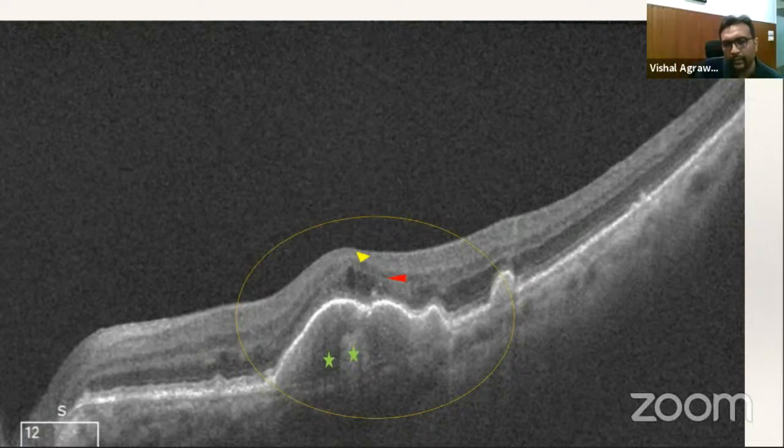And the green stars show the activity in the previous pigment epithelial detachment, with increased transmission. So there is an activity. There was a speck of hemorrhage at the fovea, and the vision had dropped to 6/18 partial.